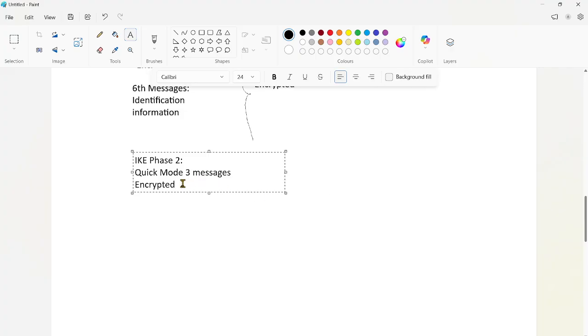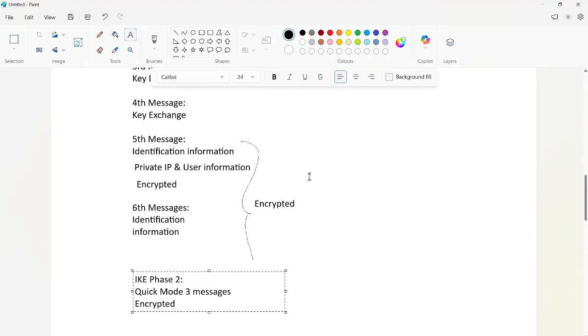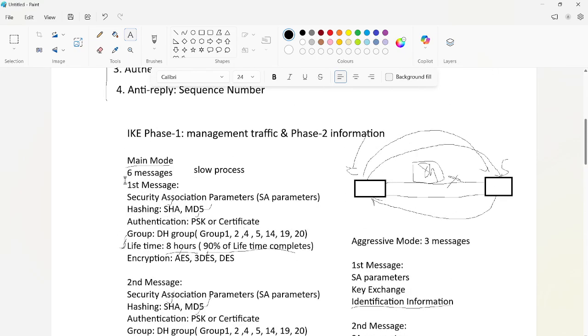Do you know why all three messages are encrypted? Any guess? In quick mode we exchange three messages, and they are encrypted. We don't know what exactly the firewalls are negotiating in them. But in phase 1, we can see all six messages if you are using main mode, and all three messages if you are using aggressive mode.